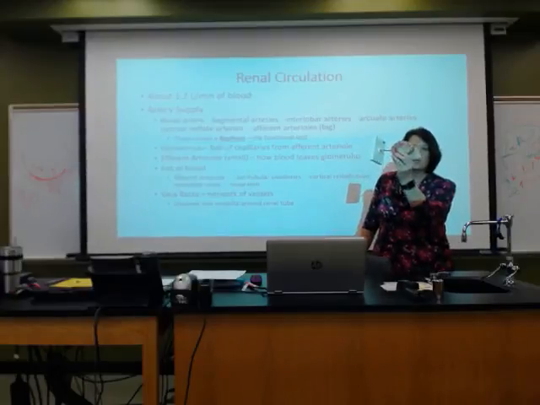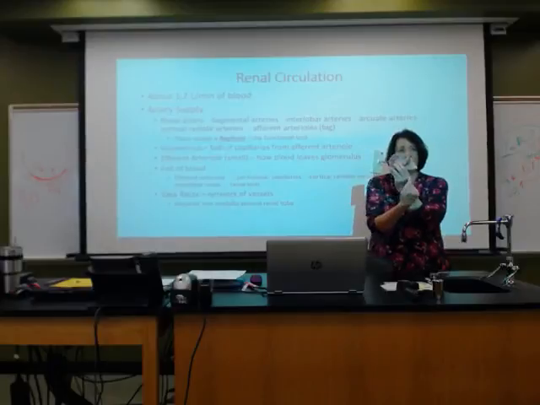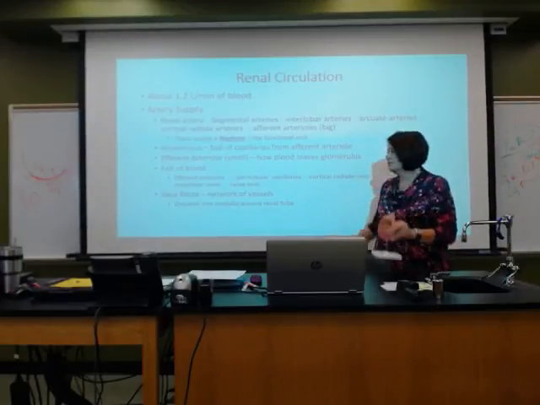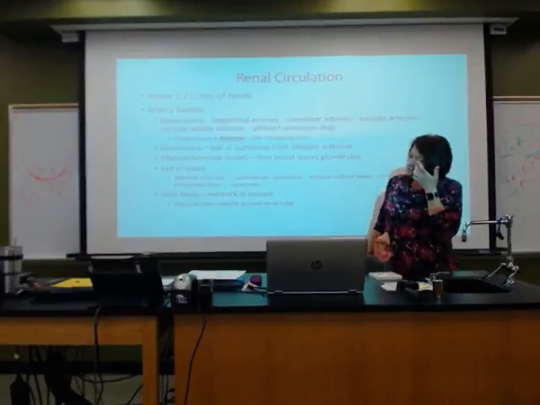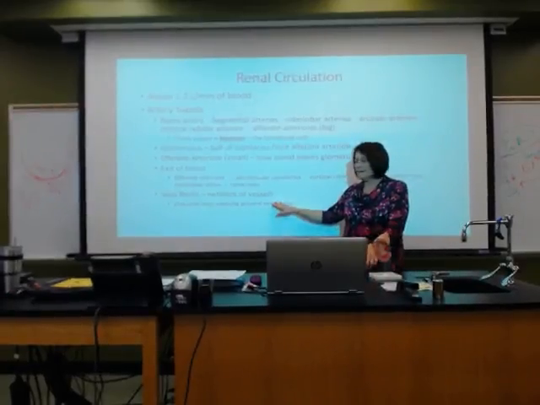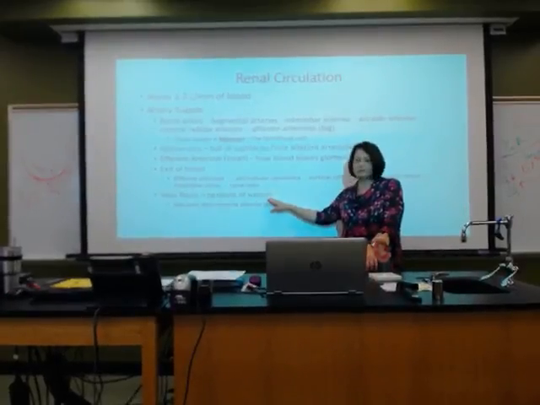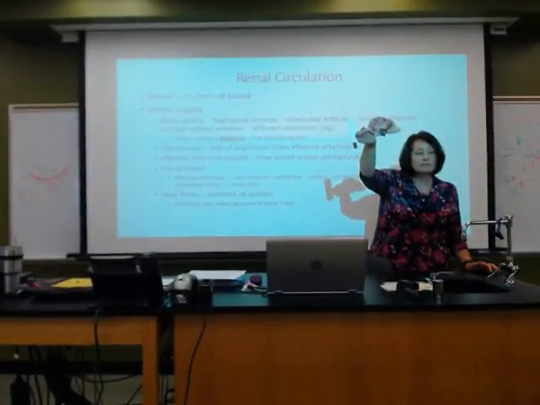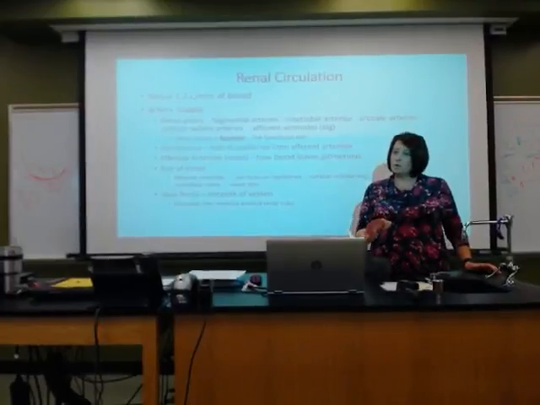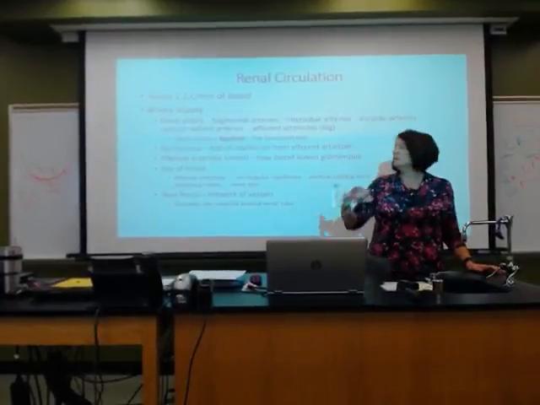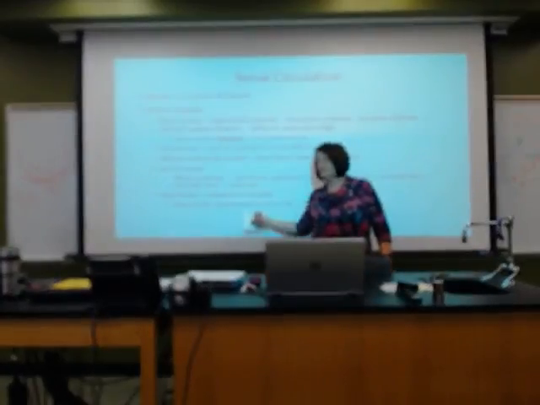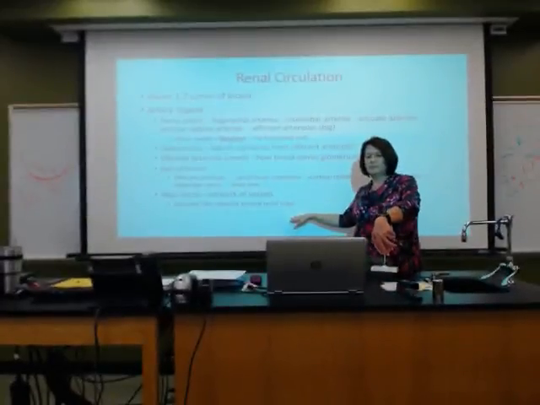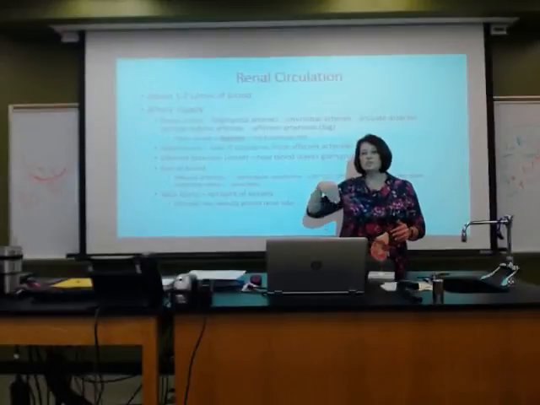The little white squiggly lines. We got to get the blood to it, out of it, and back out. That's what it's going to do. We're going to find that there's a network of vessels around these little squiggly white lines. That network of vessels around it is going to be a vasa recta. They descend into the medulla.